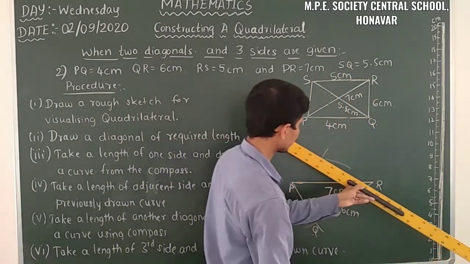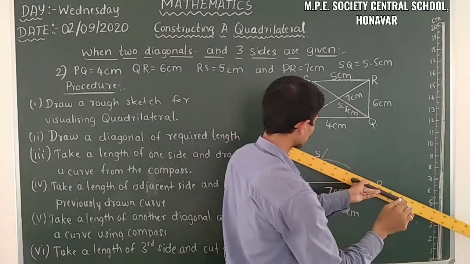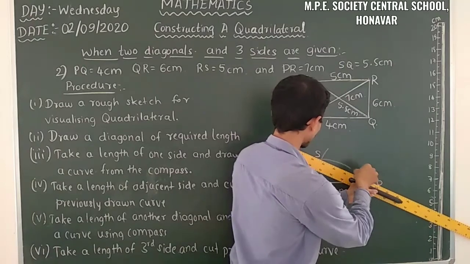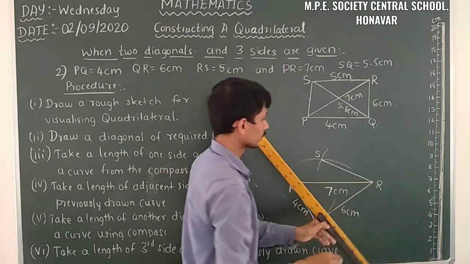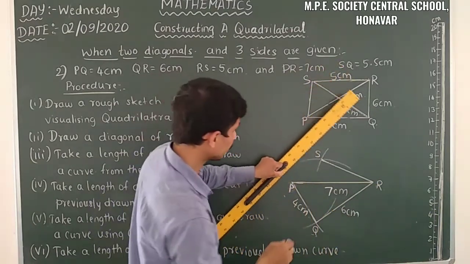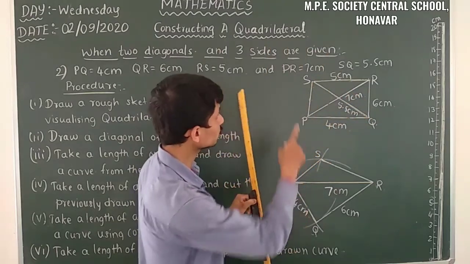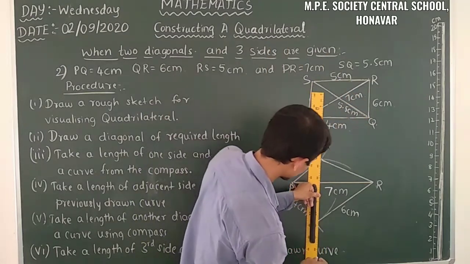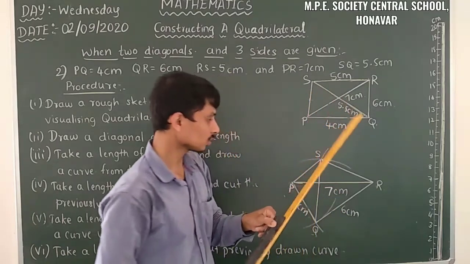Firstly, we have to join. It's point S. Then we join RS here. Then we join PS. Then we join SQ. So like this.